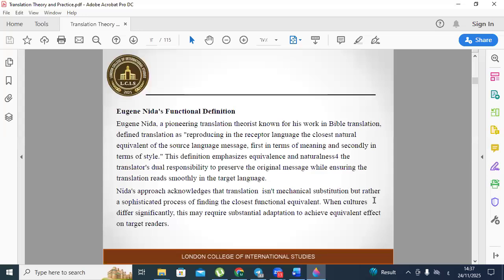This definition emphasizes equivalence and naturalness: the translator's dual responsibility to preserve the original message while ensuring the translation reads smoothly in the target language. Nida's approach acknowledges that translation isn't a mechanical substitution, but rather a sophisticated process of finding the closest functional equivalent. When cultures differ significantly, this may require substantial adaptation to achieve equivalent effect on target readers.